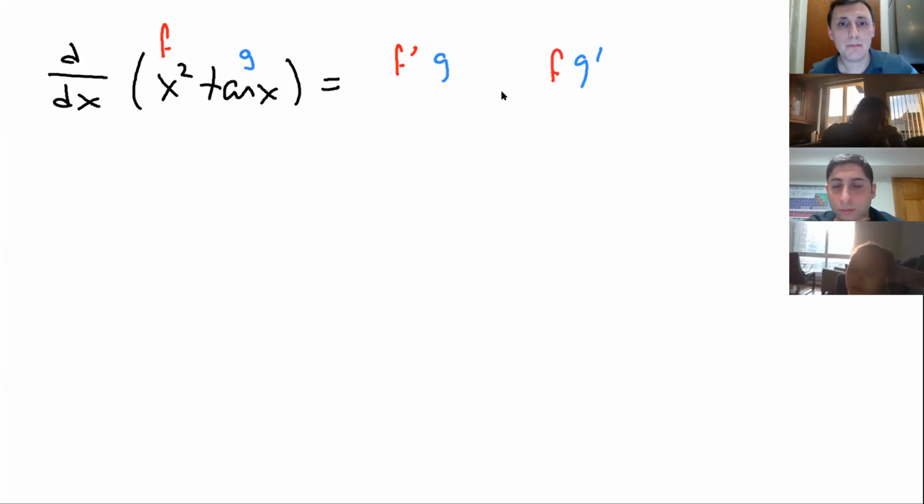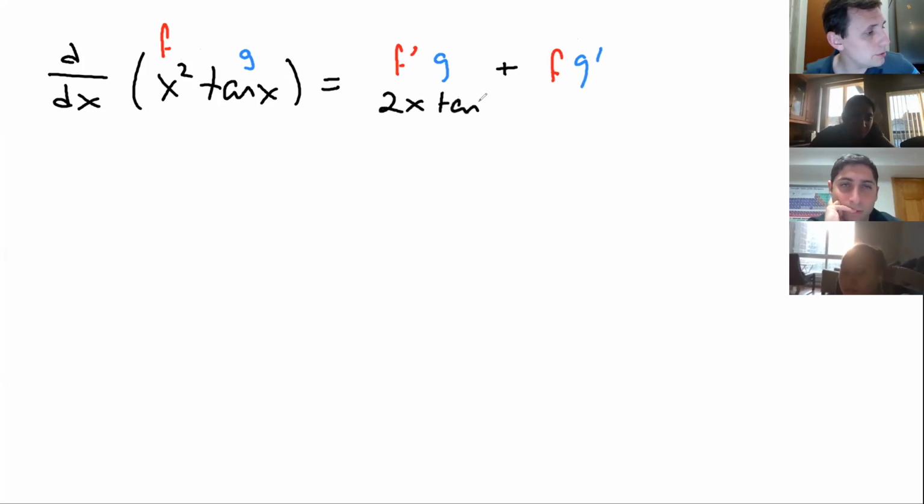This is the product rule formula. We have the traveling derivative. It starts at x squared, doesn't touch g, and moves all the way to g. So the derivative of x squared is 2x. Here we leave tangent alone. Here we say it's just x squared secant squared x. That's the derivative of tangent. Yes? Done.